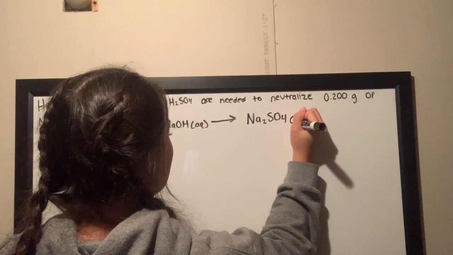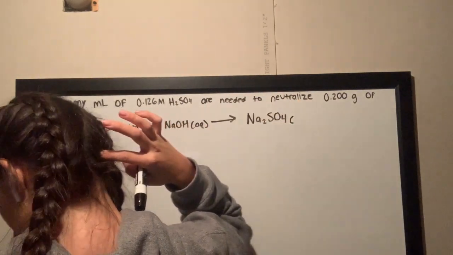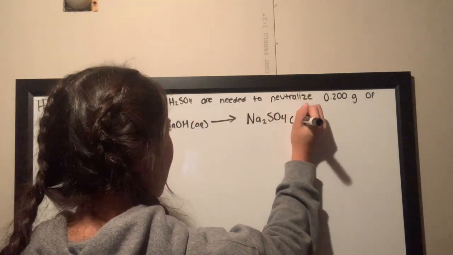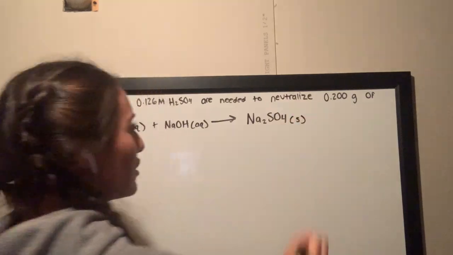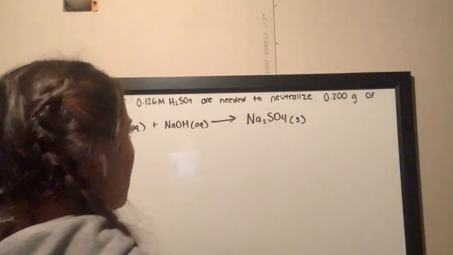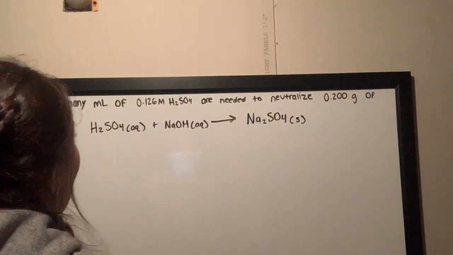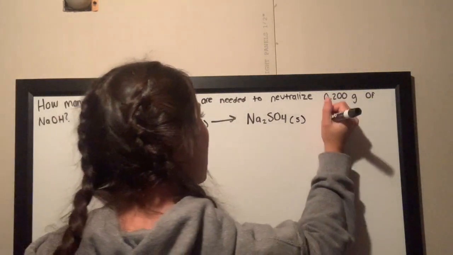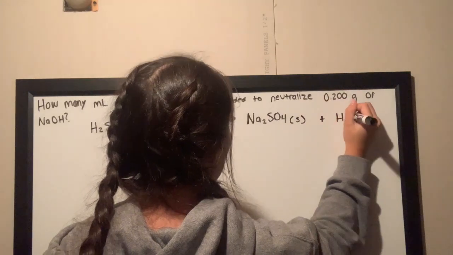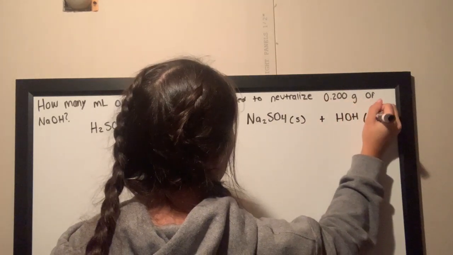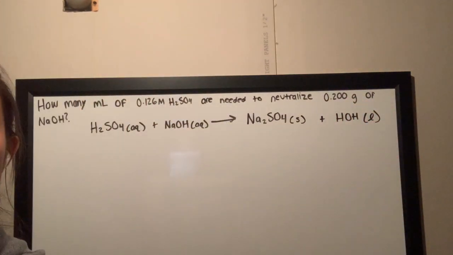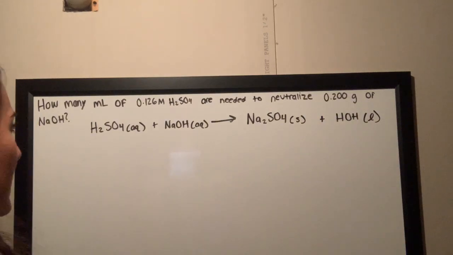I don't remember if this is aqueous or not. I think it's a solid, because sulfates are typically not soluble, but I'm not sure, to be honest. Plus HOH. You could write H2O, but I like to write HOH because I think it's easier to balance it that way.